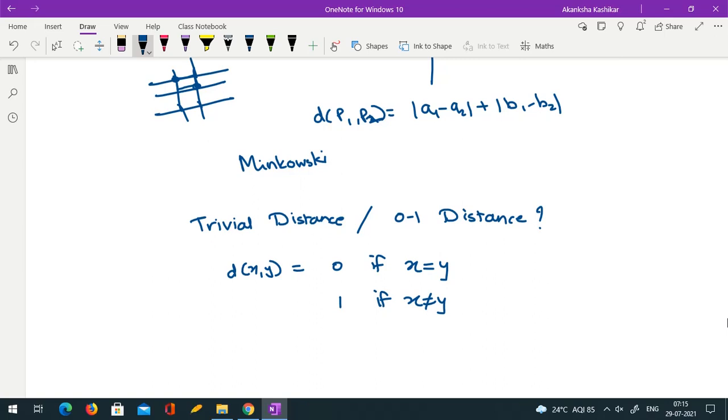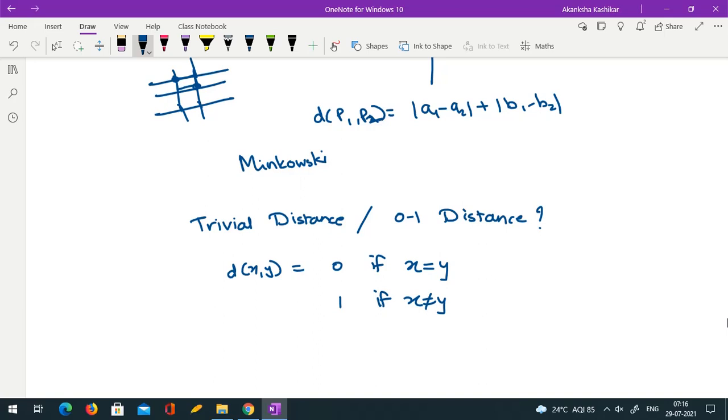The distance of an object from itself is definitely 0, which is necessary, otherwise your distance function definition won't be satisfied, but all the other objects we say are at the same distance 1. This is known as trivial distance or 0, 1 distance.